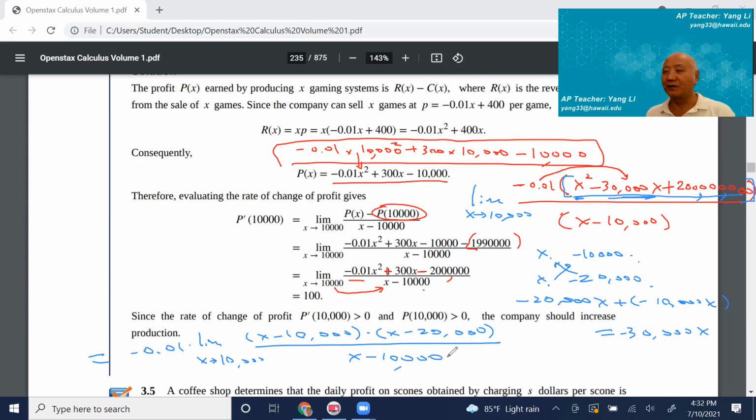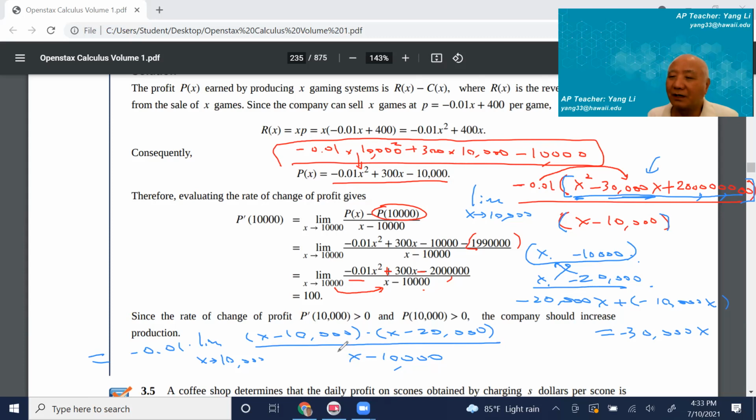It is here because I knew we have to get rid of this x minus 10,000. That's why I have one factor like this, and then the leftover is this one. It's not because I knew how to factor this at the very beginning. I just knew from this limit that they have to cancel the bottom one. So I assume they have one of this, so the other one, you should have this, okay?